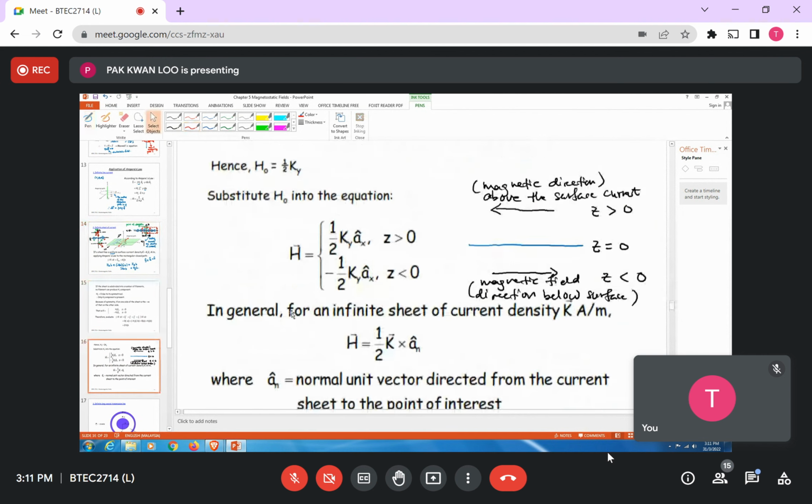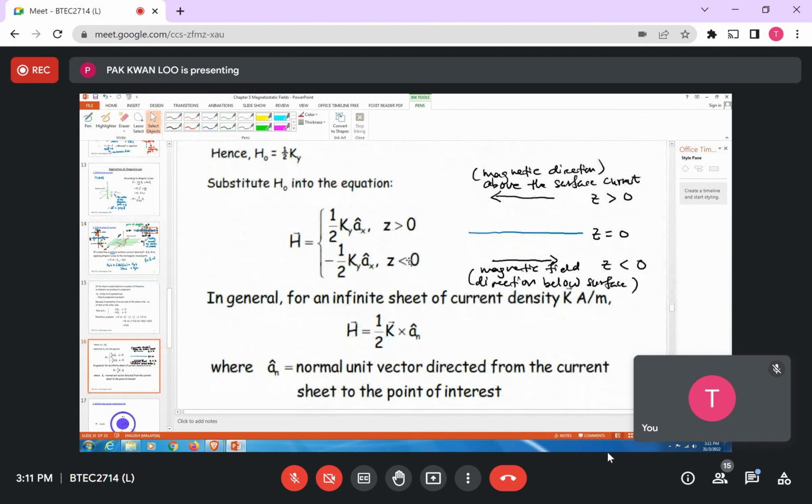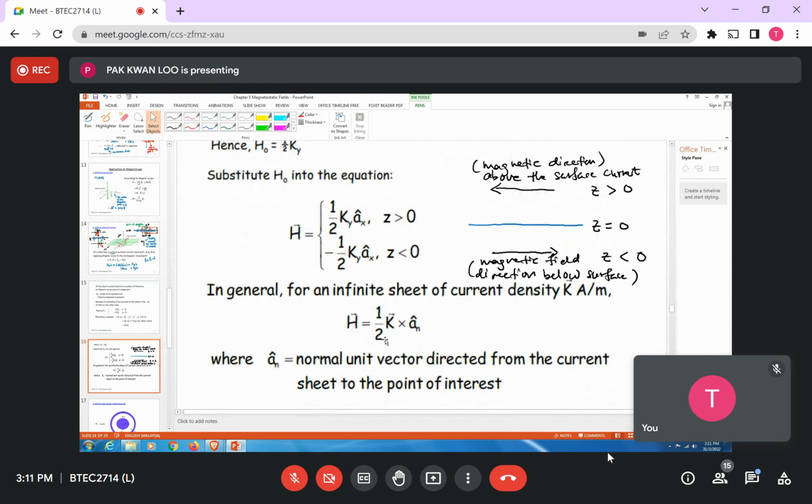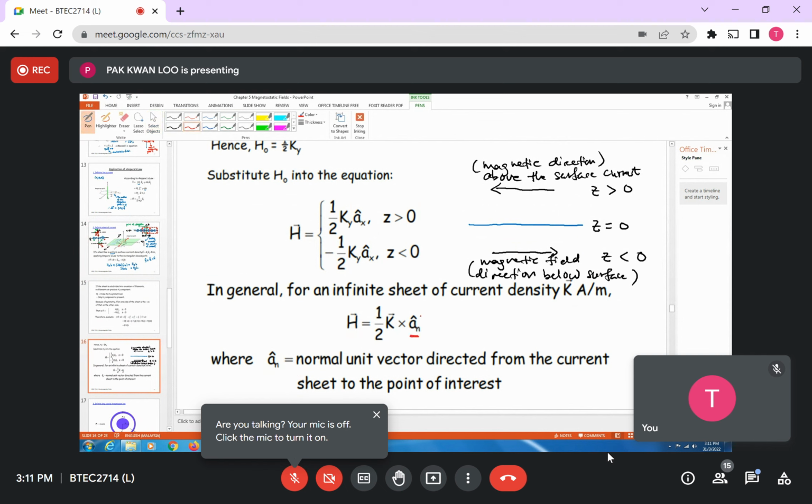And the evaluation is basically that the magnetic field is half of the surface current density. Of course, if we want to include the direction, then we have to make a cross product with the normal direction of the surface. So this is the normal direction of the surface.